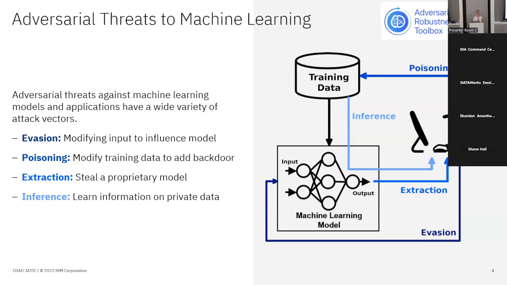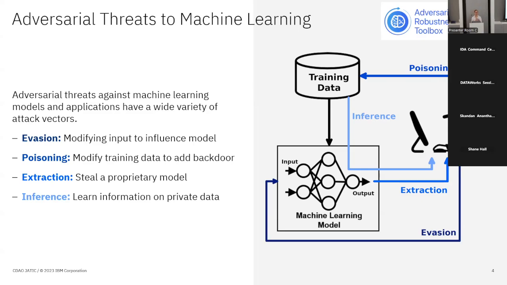But we also have poisoning, which will be coming soon to the HART library, in which the attacker modifies the data that the model is going to be trained on, which can add a backdoor that the attacker can use to their benefit at runtime. There's also extraction, where an attacker can probe a model to steal proprietary information, intellectual property about the architecture, the way the model is set up.